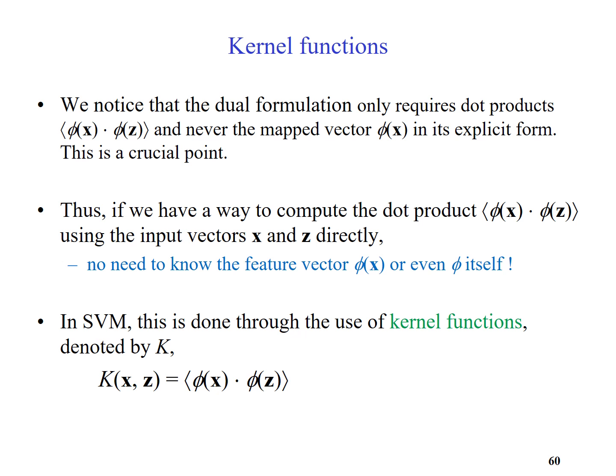This slide is just a reminder of what we have learned so far. In the dual problem, we need to calculate the dot product of two mappings, right? But we are not able to calculate the mapping values, which is impossible.